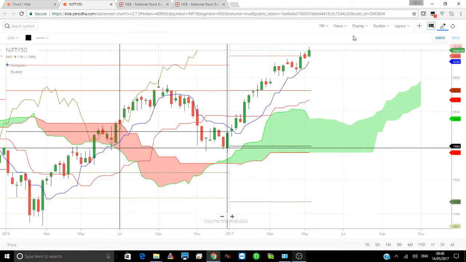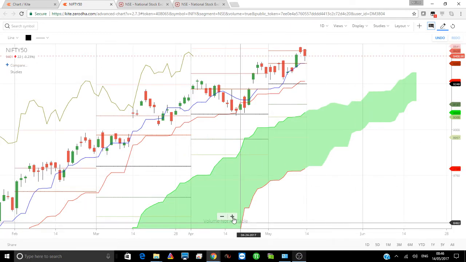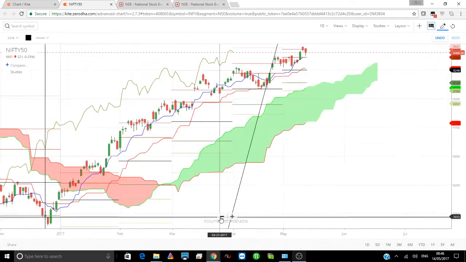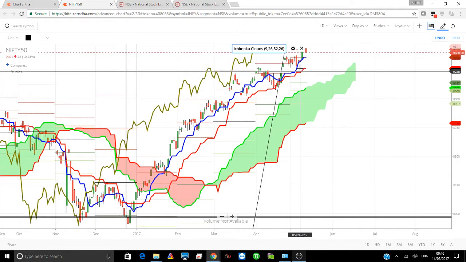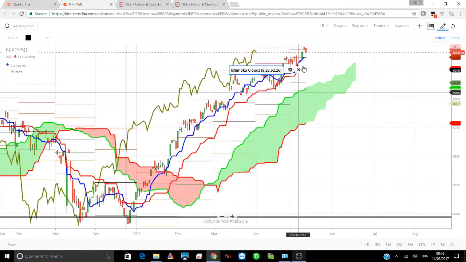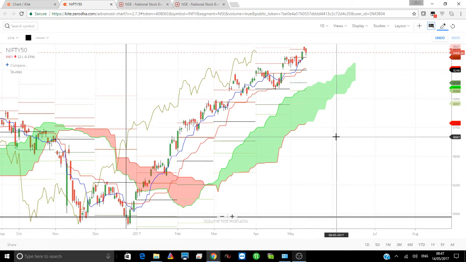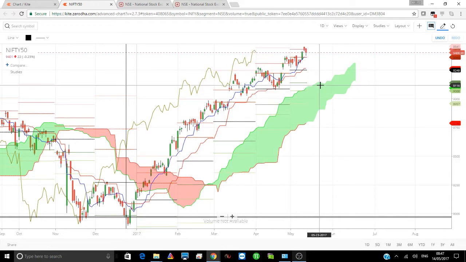That's okay. And then let's go to the daily view on Nifty. The cloud is thick, cloud is going up. Again, on daily also we are on the S2 support line, which is not really a very nice thing to have. So there is a possibility of a little bit of turn back.